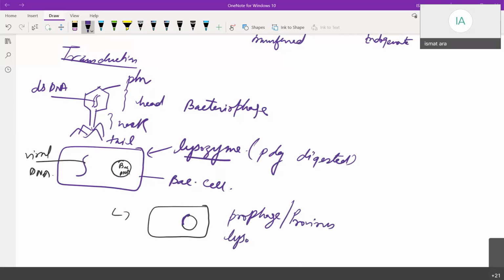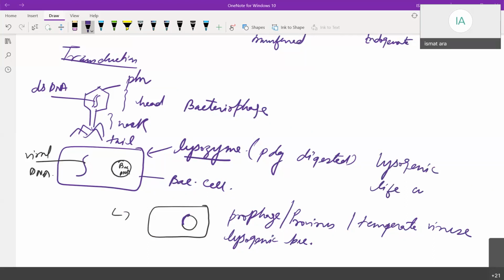So, this type of bacteria is called lysogenic bacteria. Lysogenic bacteria means the virus is integrated. And these viruses are called temperate viruses. And this life cycle of the virus is called the lysogenic life cycle.